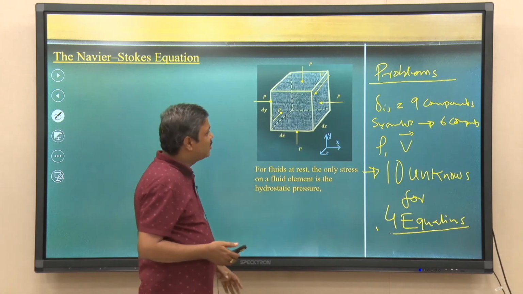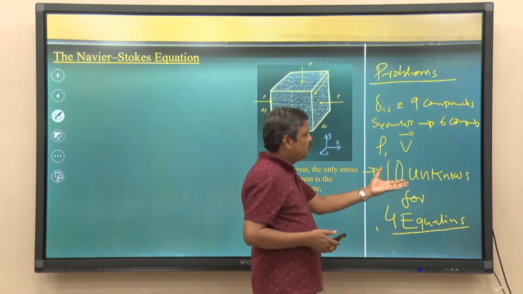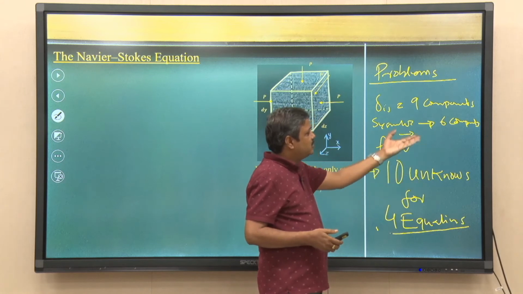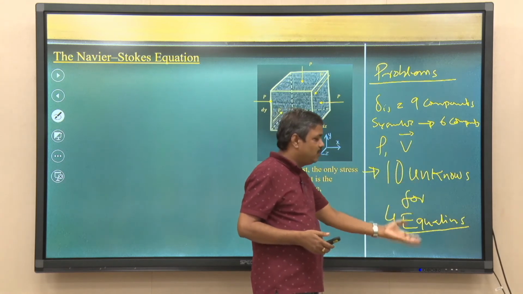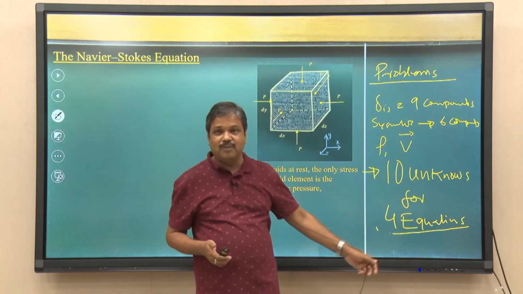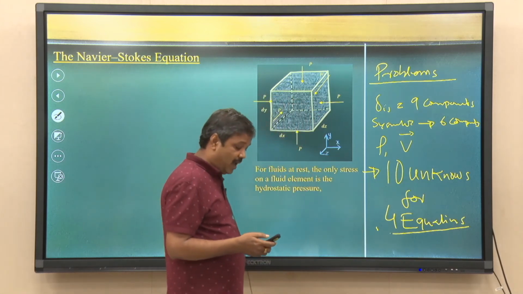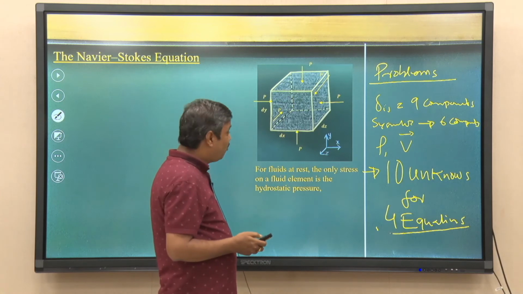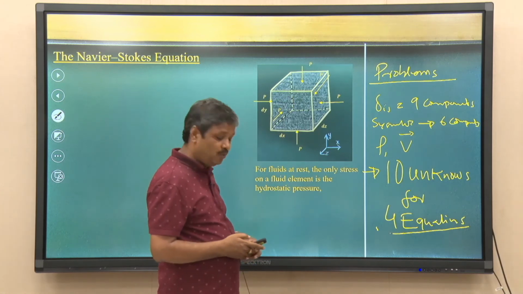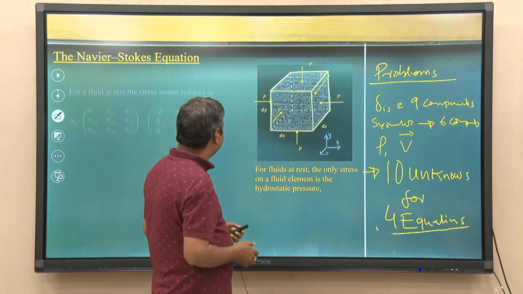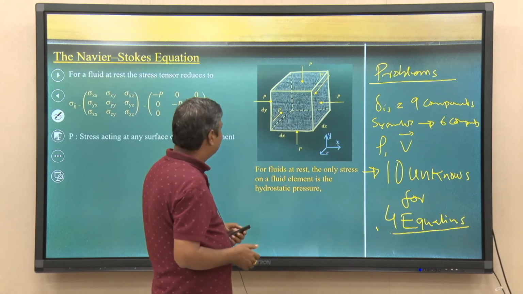Basically our objective here is to reduce the 10 dependent variables to 4 dependent variables with 4 equations, and then we can solve the problem. That is the idea of the Navier-Stokes equations. For the first approximation, they very interestingly considered the fluid at rest.